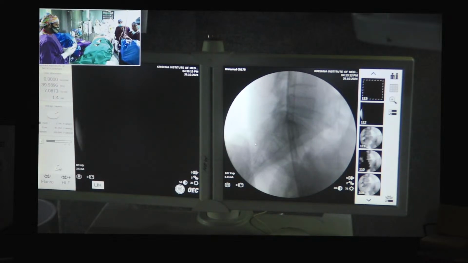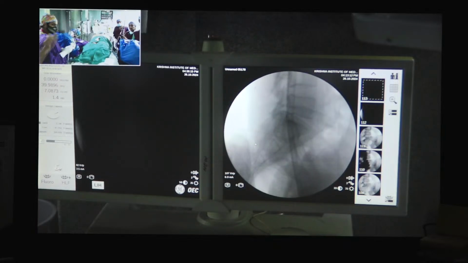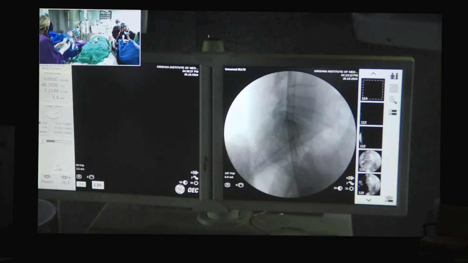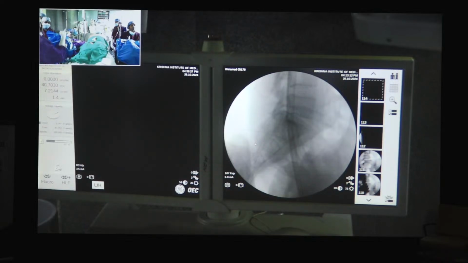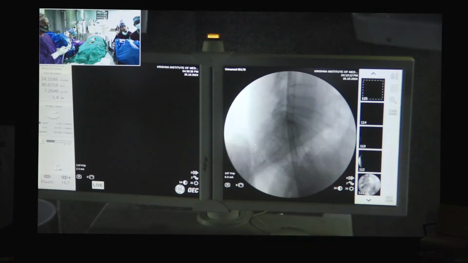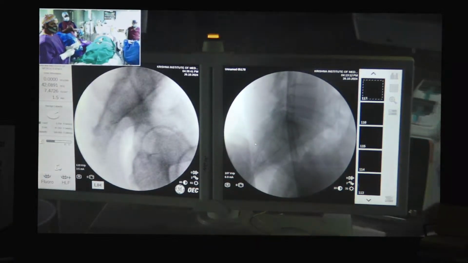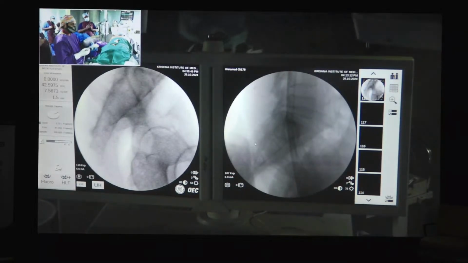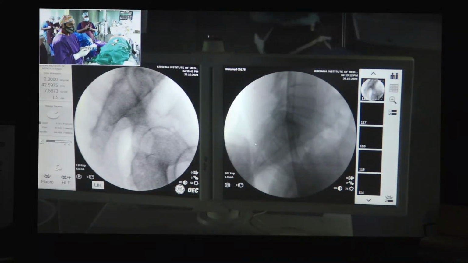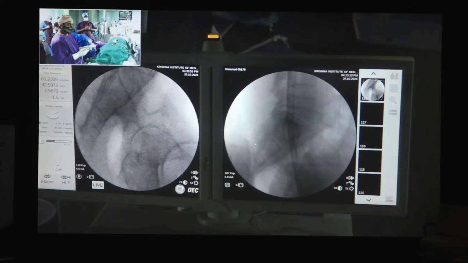Bed table height. Fluoro. Can we have the focus on the needle entry site?